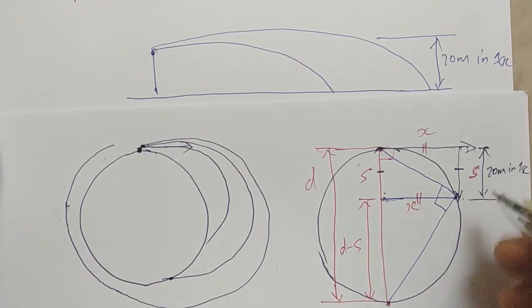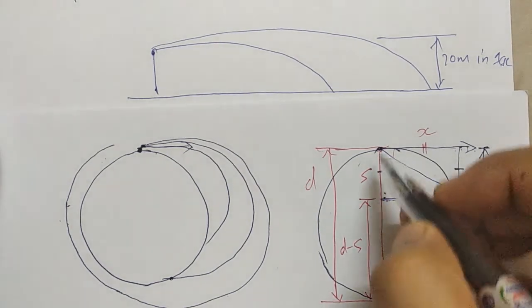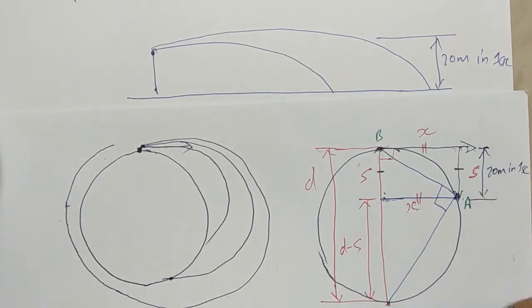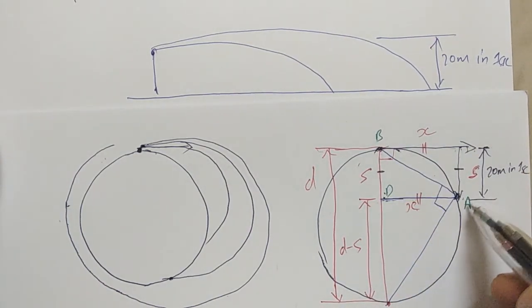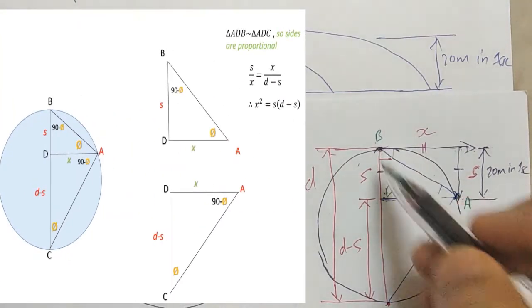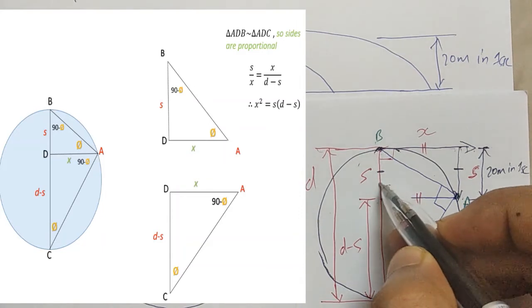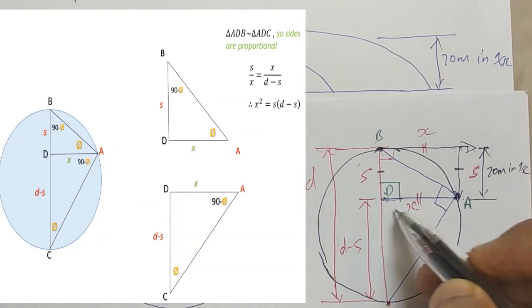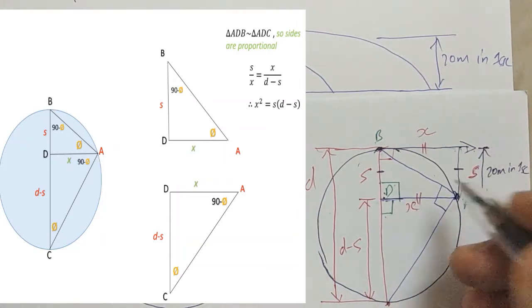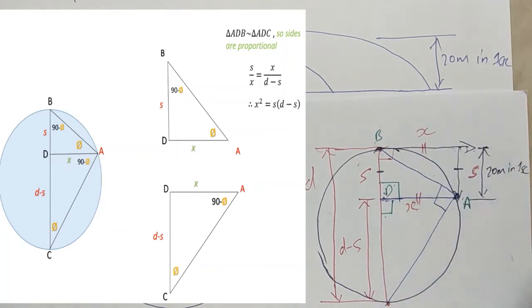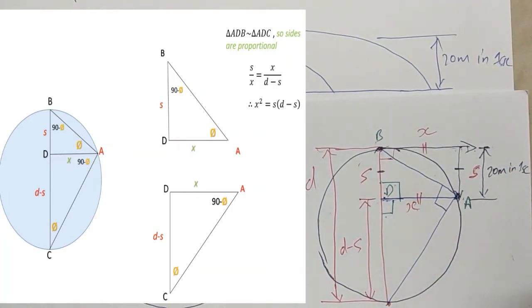Now let us consider this point to be A, this to be B, this to be C, and this to be D. Now in triangles ABD and ACD, this angle and this angle both are 90 degrees, and let us consider this angle to be theta.